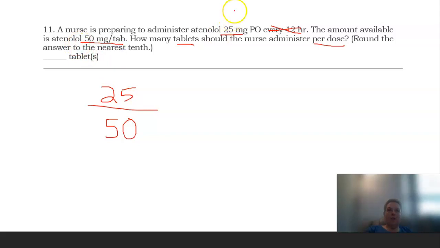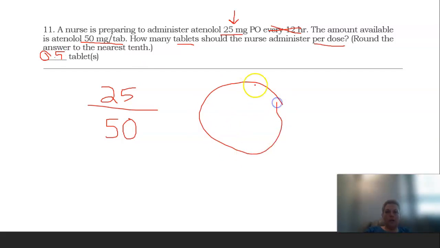You should have noticed this is less than 50. So what are you going to do with that 50 tab? It better be scored. Let me tell you. If it's not scored, scored means it has a nice line down the middle of it.